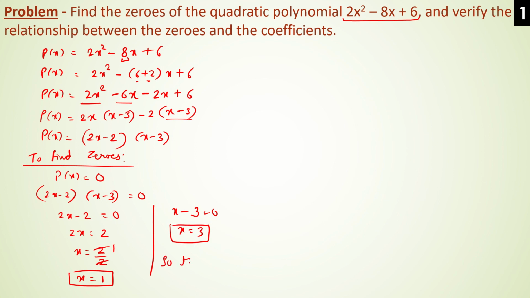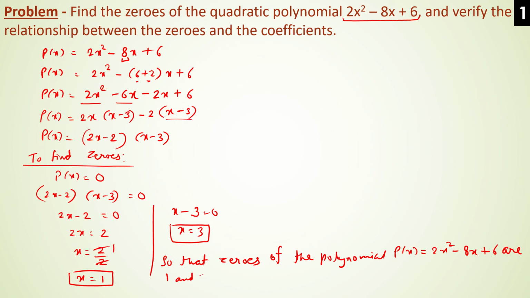So that zeros of the polynomial P(x) equals 2x square minus 8x plus 6 are 1 and 3. This is the answer of first part.